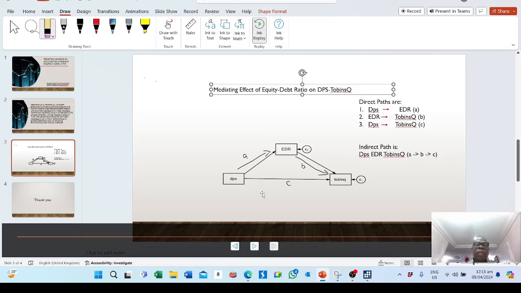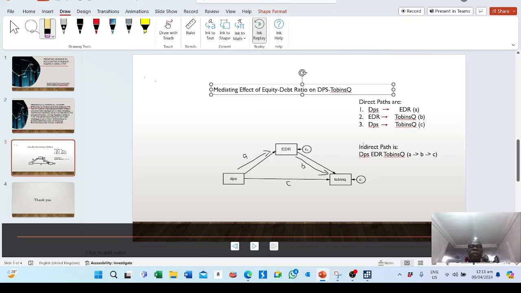So when we talk about mediation, mediation is actually looking at the indirect effect. Is dividend per share, or let's call it dividend policy, proxied by dividend per share, does it have an indirect path through equity to debt ratio on TobinsQ?